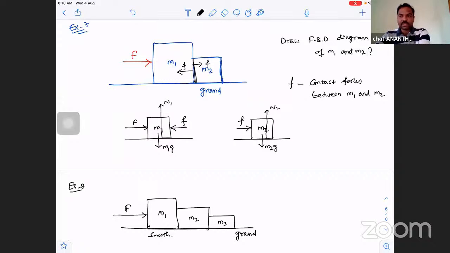Nikhil, at the end of the class, you ask me. Okay? Momentum you have to derive only in that question. You have to derive and find out the force. I'll explain at the end of the class.